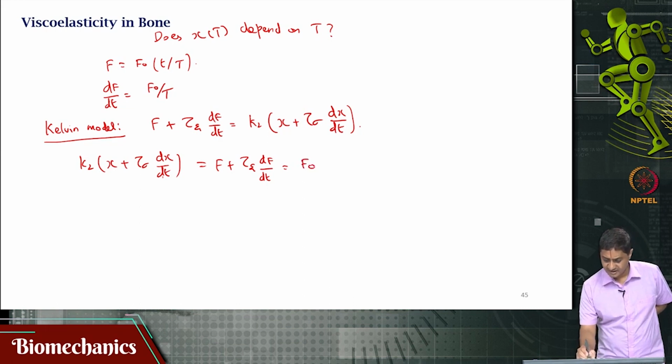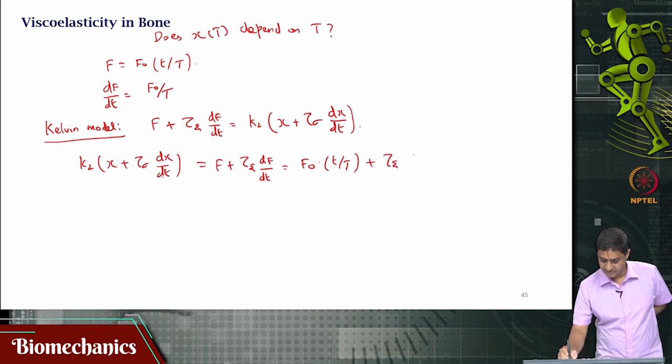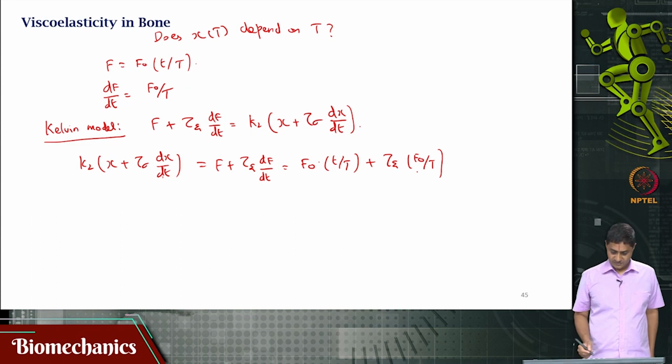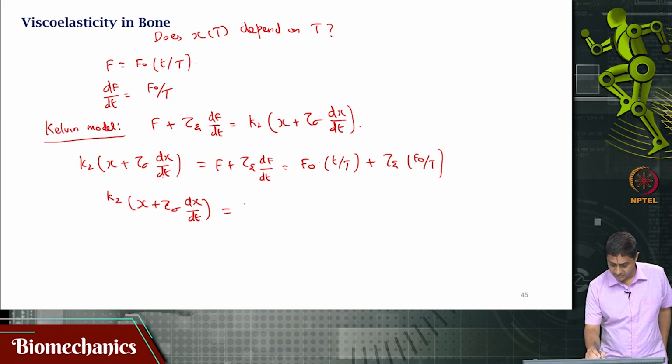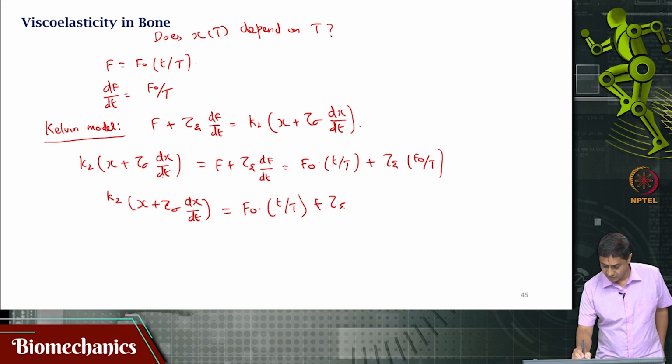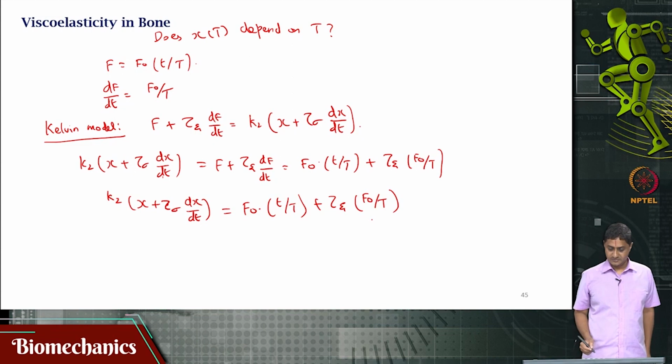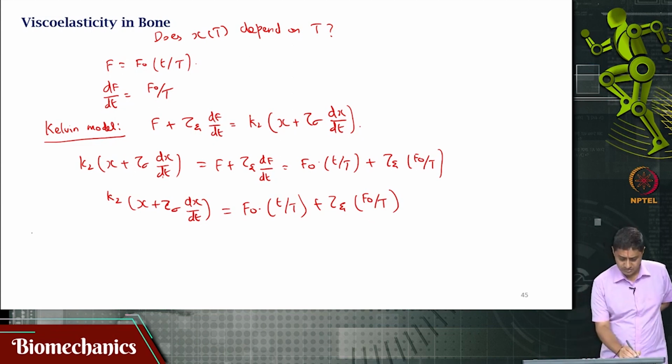F is F naught times small t divided by capital T, plus tau epsilon times dF by dt, which is F naught divided by capital T. Or let me rewrite this: K2 times x plus tau sigma times dx by dt is equal to F naught times small t divided by capital T plus tau epsilon times F naught divided by capital T. Or I can divide by K2 throughout.